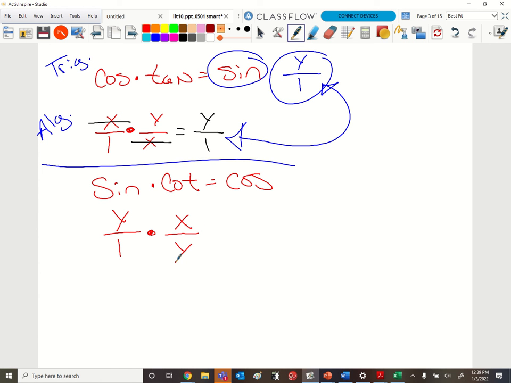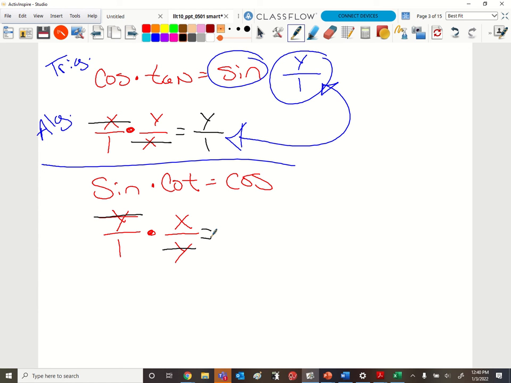When you put y over 1, you're just putting the 1 because it's supposed to be r, and r is always 1 in all my identities. Does that make sense? Okay, good. So what's going to happen now? Cancel the y's.